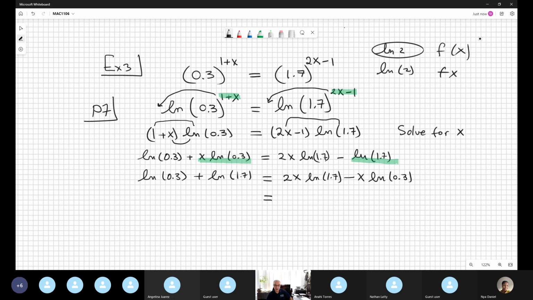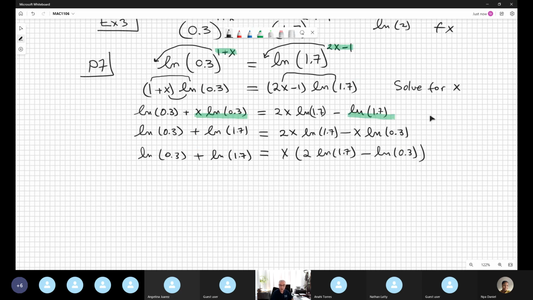Now I see in the right-hand side that x is a common factor. I factor it out, another parenthesis. Of course, I bring down this expression in the left-hand side. Okay, nice. Almost I finish.